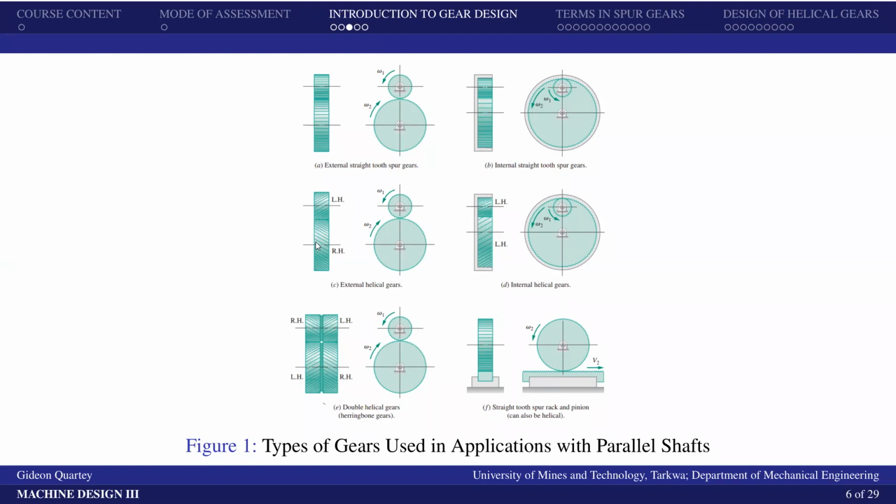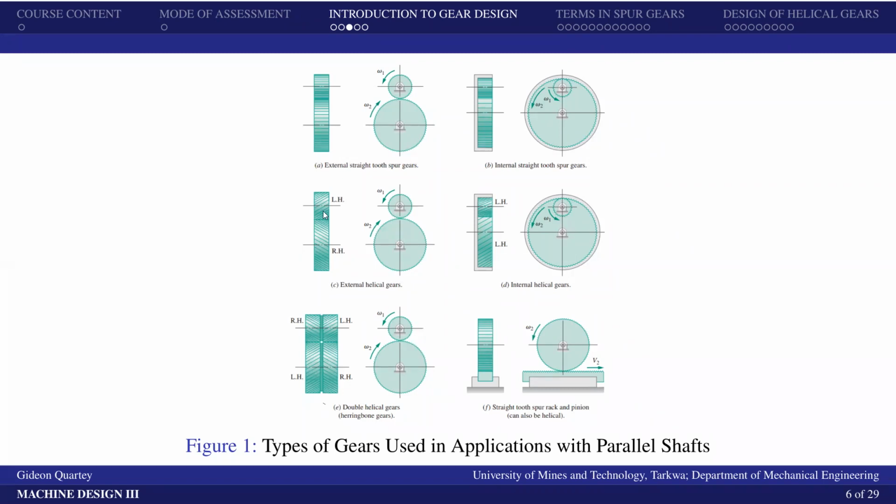But actually, you see that with the first arrangement, the external helical gear, as the gears are rotating there is transmission of power, but there will be axial forces or loading on the teeth due to the helix angle. That loading will tend to go in one direction, and that will exert force on the bearings of the shaft. That will be axial force on the bearings of the shaft, okay?